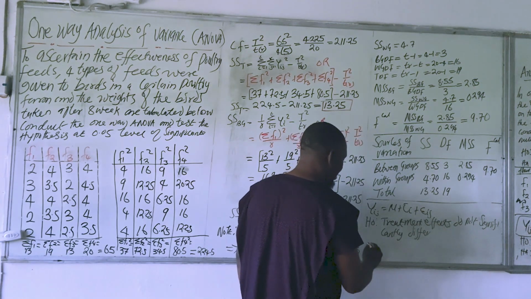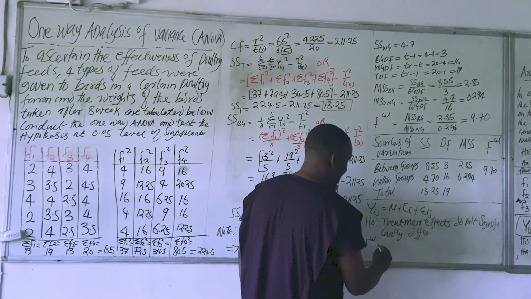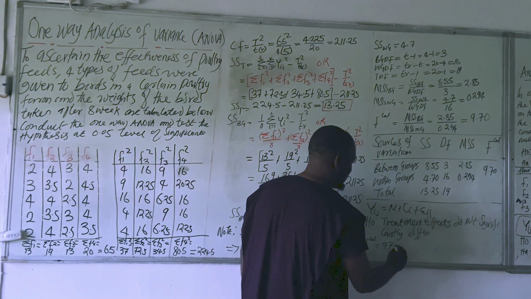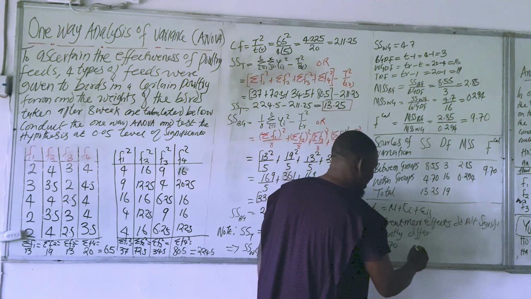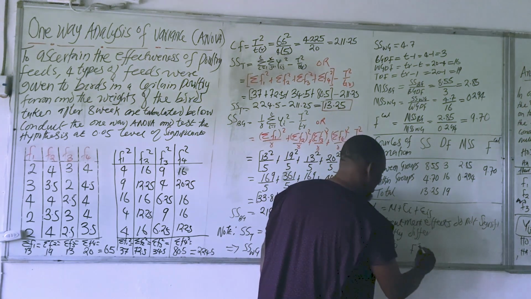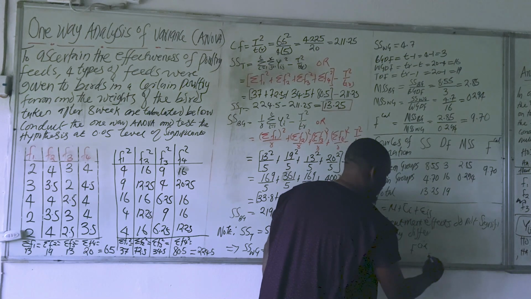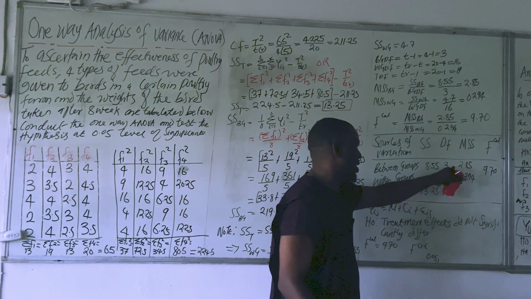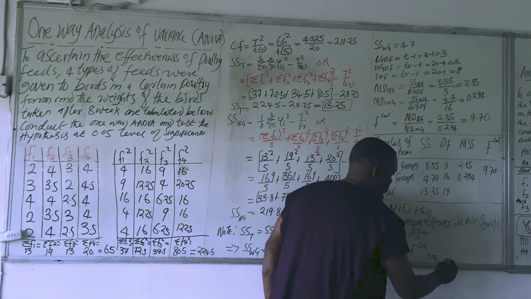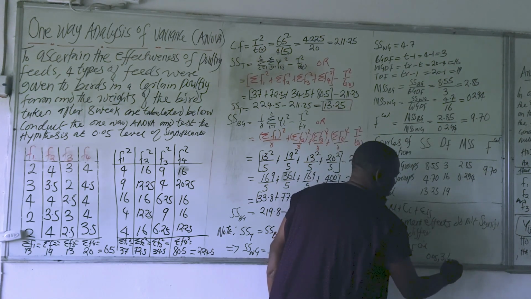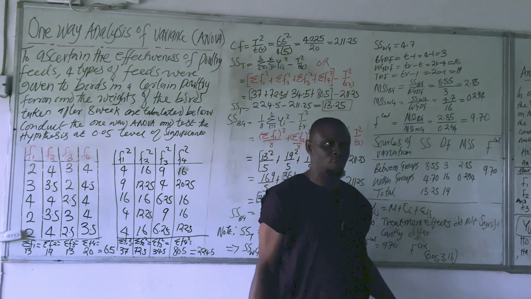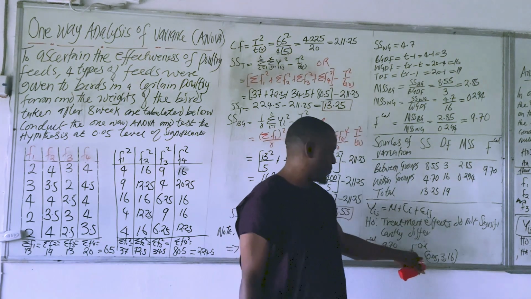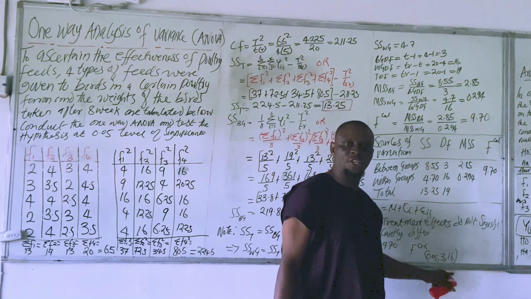So we already calculated our F cal as 9.70. Our F critical, let's put it as F crit, at 0.05 level of significance. The degrees of freedom are, this is N1 and this is N2, we have 3 under 16. So check your statistical table, F 0.05, 3 under 16.